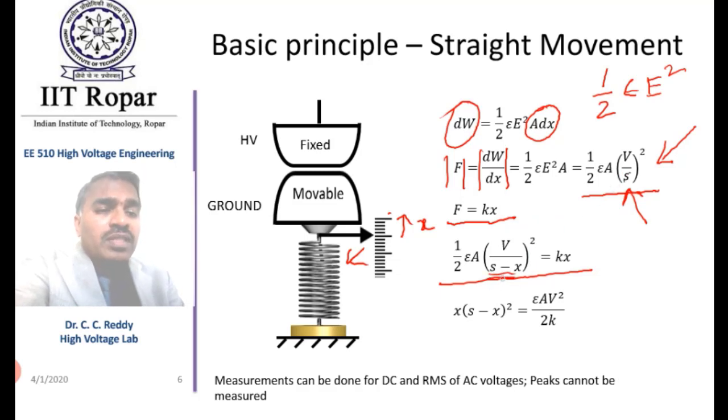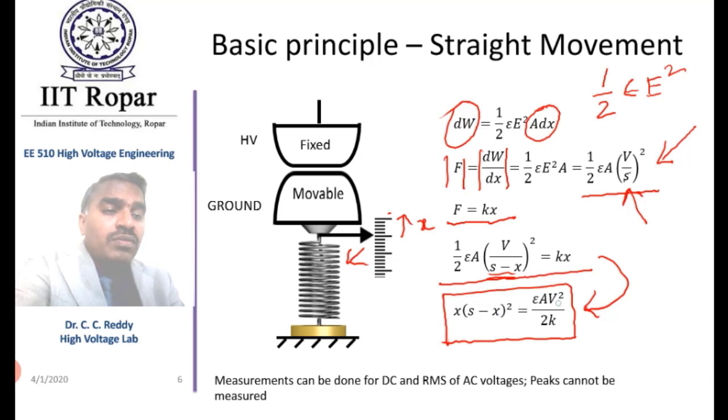Of course, sometimes this can be neglected. S is very large and X is very small in general, so S minus X can be directly taken as S only. It doesn't matter; a little bit inaccurate result will come. If you simplify this, you will get this equation: X into (S minus X) whole square equals epsilon A into V square by 2K.